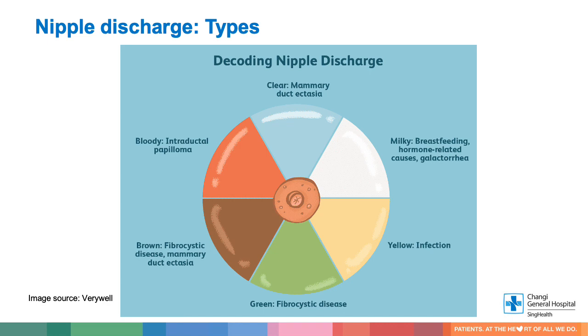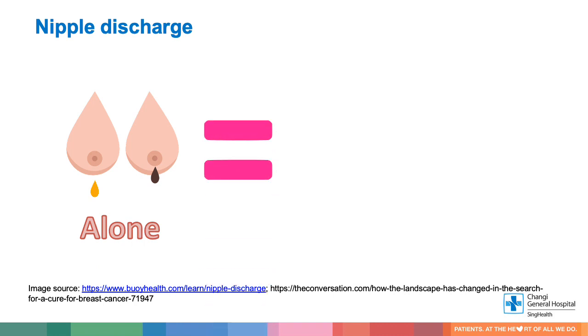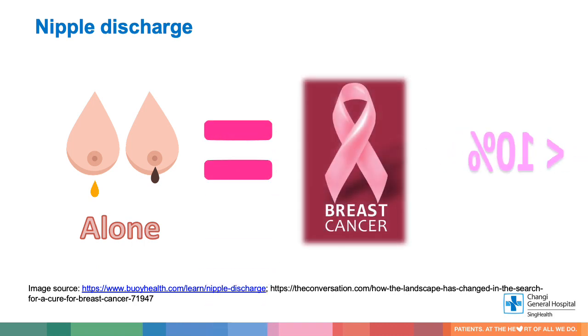There are many causes to it, more than what I've shown in this slide. Most of my patients will ask me, does all nipple discharge equal breast cancer? The answer is that only less than 10% of nipple discharge as the presenting complaint is due to breast cancer.